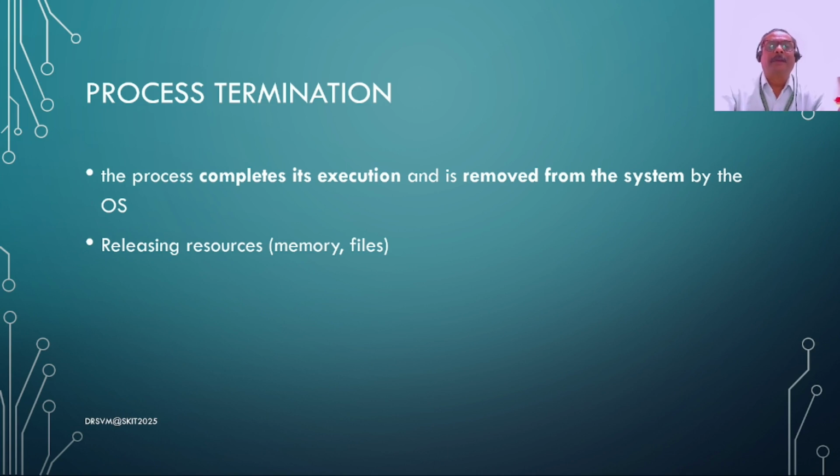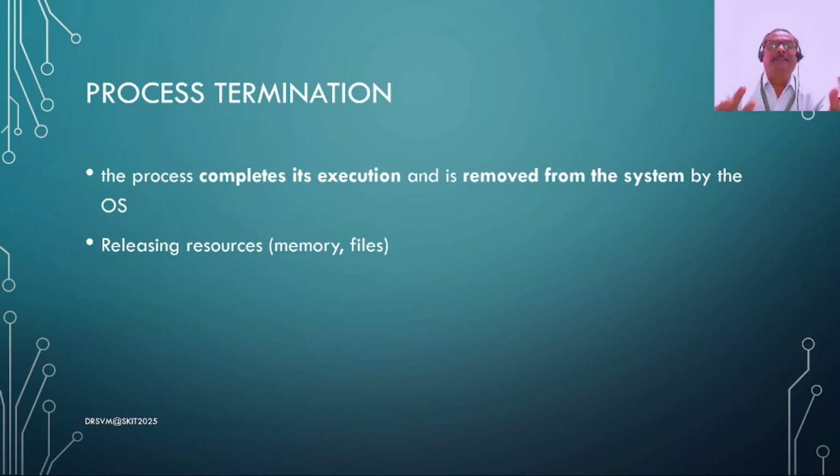Once a process is using a memory, that memory should not be allowed to be occupied by another process, because it is going to create havoc. And once a file is being used by one process, we should ensure that other processes do not use the same file unless it is essential.